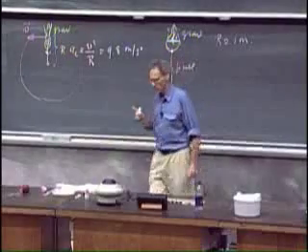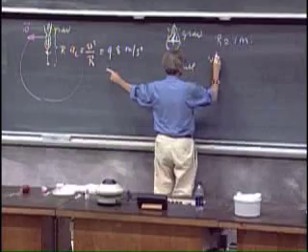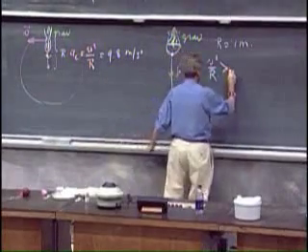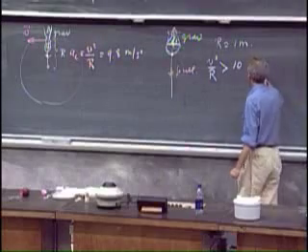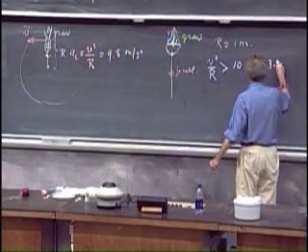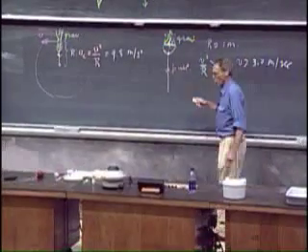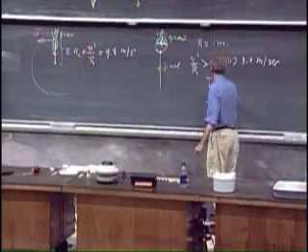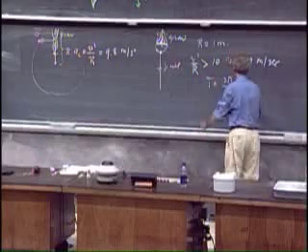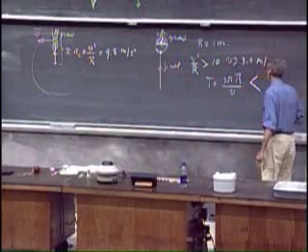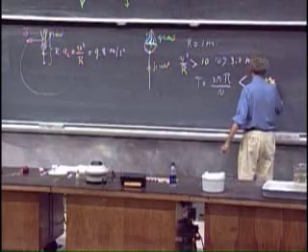And I want V squared over R to be larger than 9.8. Let's just call it 10. So that means V has to be larger than about 3.2 meters per second. The time to go around is 2 pi r divided by this velocity. So this time to go around then has to be less than 2 seconds.